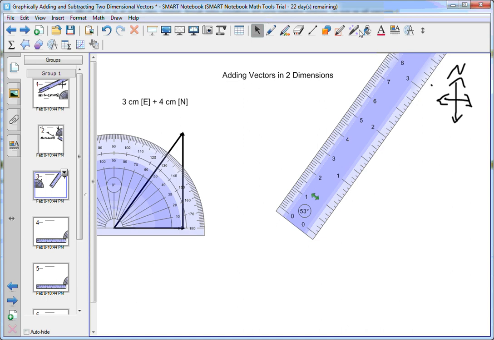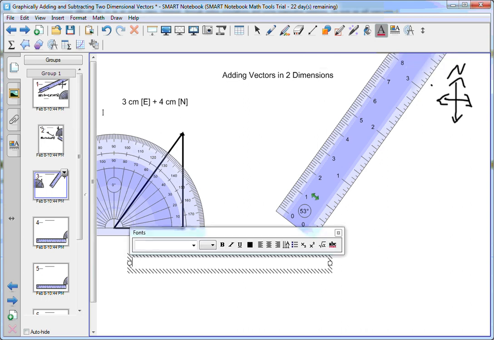So our resultant vector in this addition is 5 centimeters east 53 degrees north.